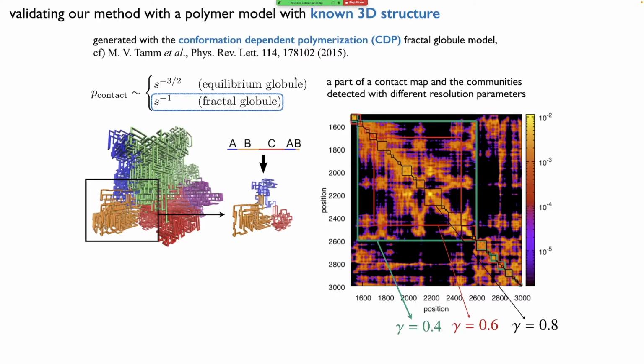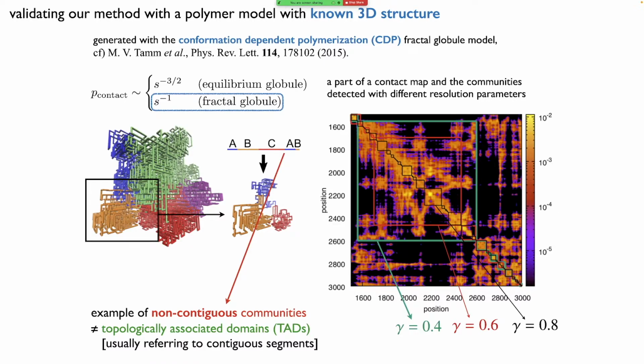And with this example, I would like to emphasize a very important merit, or strong point, of our algorithm compared with other conventional definitions of TADs, which is the ability to detect these non-contiguous communities, like this segment, A, B, C, and A, B again. In addition, as the different resolution parameters are all independent of each other, the communities across different scales are not necessarily strictly hierarchical.